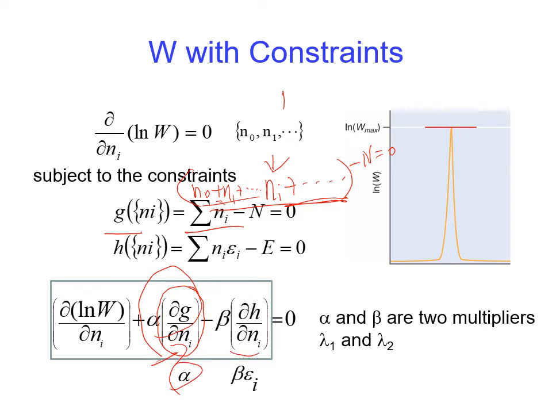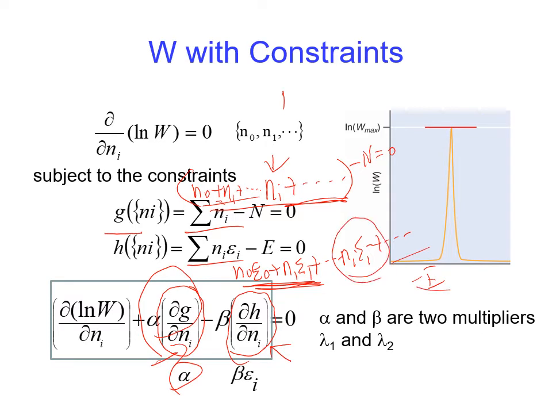Now let's calculate the partial derivative of the second constraint over Ni. This will be the number of molecules times the energy of a certain energy level. So this will be N0 epsilon 0 plus N1 epsilon 1 plus an arbitrary energy level Ni epsilon i, and so on, and then minus E. In the partial derivative over Ni, these are all constant, so they are 0.